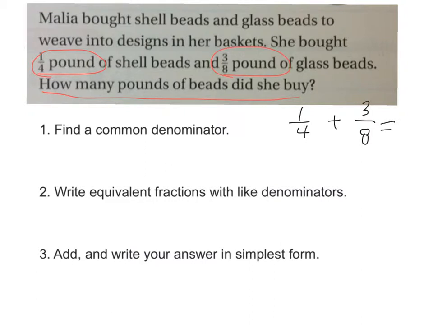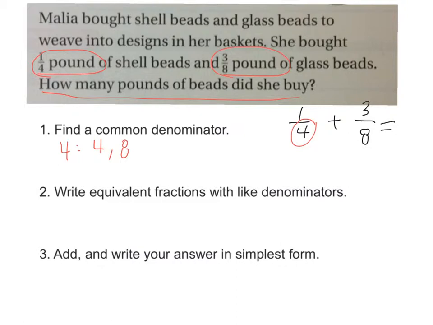Step one, you need to find a common denominator. We've talked about how there are lots of different common denominators, but the easiest one to use is the least common denominator, also known as the LCD. What's the first denominator we have in these fractions? 4. So let's write out some multiples of 4: 4, 8.